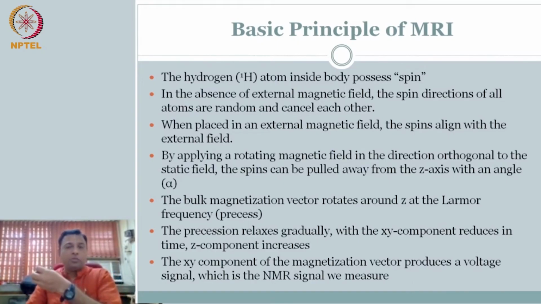This object happens to be a positively charged proton. So when you have this spinning, there should be some relationship between the angular momentum and the magnetization vector that has to be related to the material property of the object, right? So that is what we will see in the next few slides.